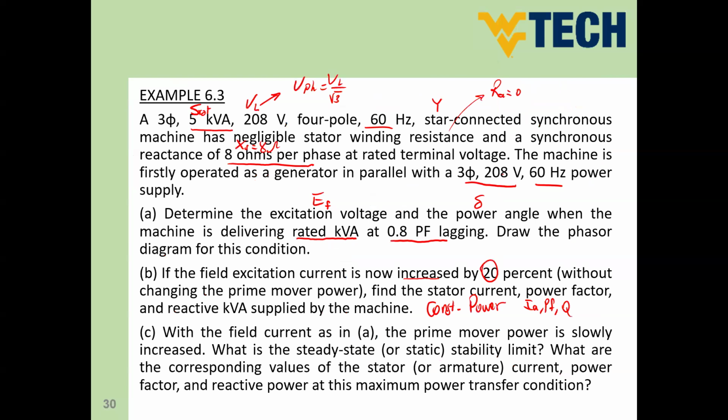Let's see part C together. With the field current as in A, so A means the first case, so this is before increasing to 20%, the prime mover power is slowly increased.